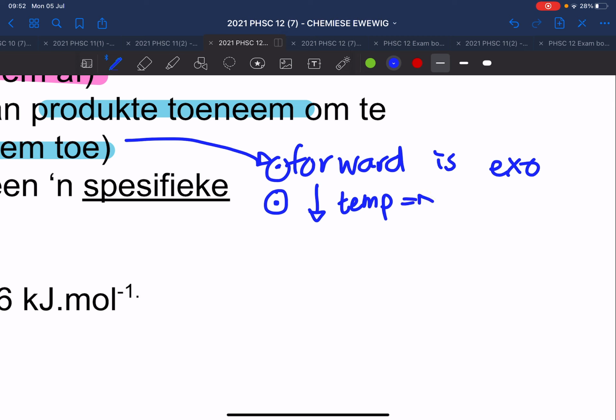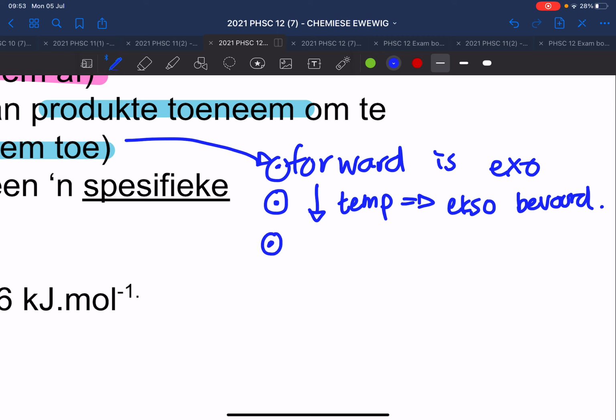Wat gaan die reaksie wil terugdoen? Hy gesê, nee, ek wil dit warmer maak. You made it colder, it wants to heat it up. Hoe maak hy hom warmer? Bevoordeel die exo. So die exothermiese reaksie word bevoordeel. The exothermic reaction is favored. Which side is the exothermic reaction? The forward reaction.